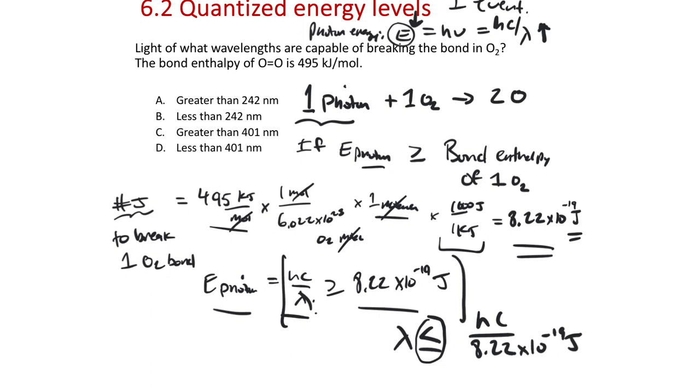Decreasing the energy of the photon wouldn't carry enough energy to break the bond. But if we decrease the wavelength, go to a shorter wavelength, that's going to increase the energy of the photon, going to a higher energy that should cause that bond to break. So two ways of thinking that we want the wavelength to be some value or lower in order to carry enough energy to break the bond for this problem.